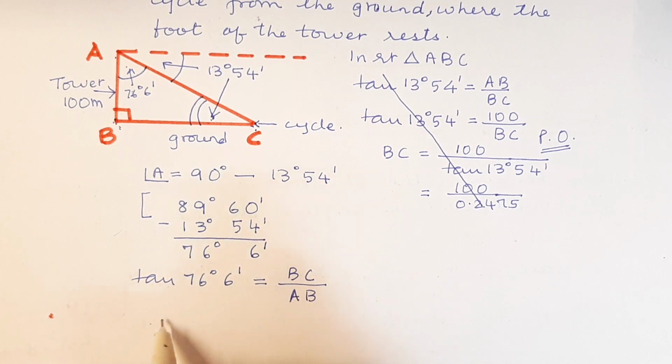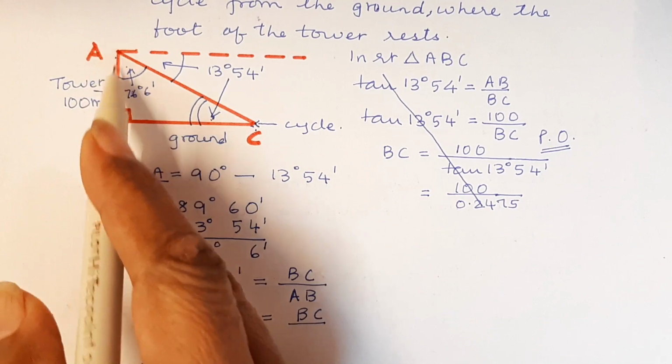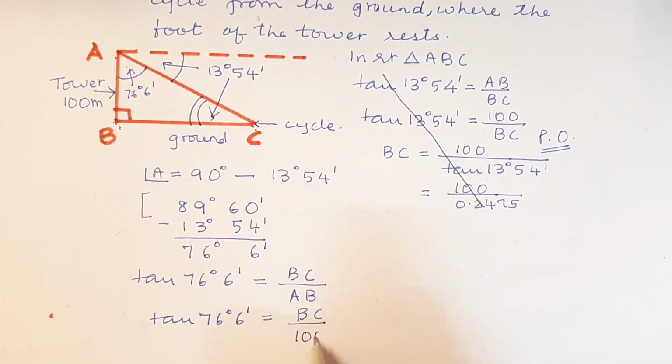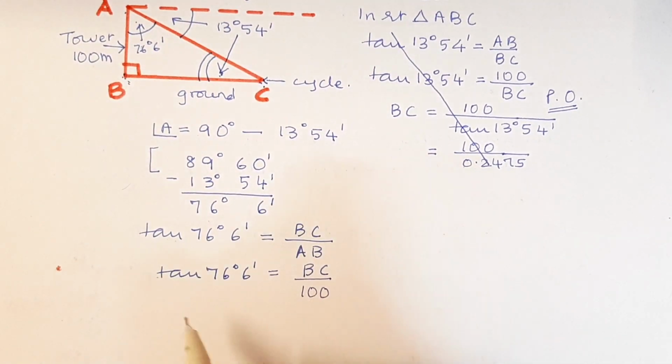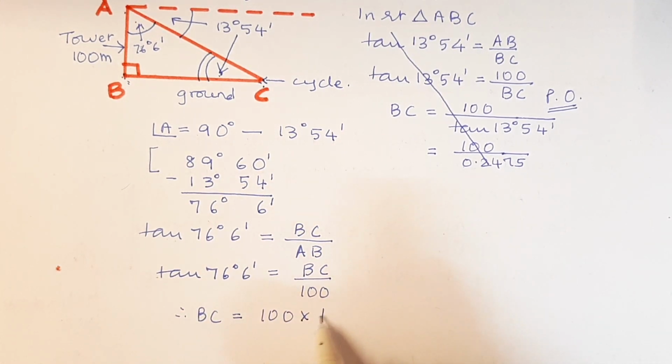And so tan of 76 degrees and 6 minutes will be equal to BC, which we have to find, upon AB, which is 100. That gives us BC equal to 100 multiplied by tan of 76 degrees and 6 minutes.